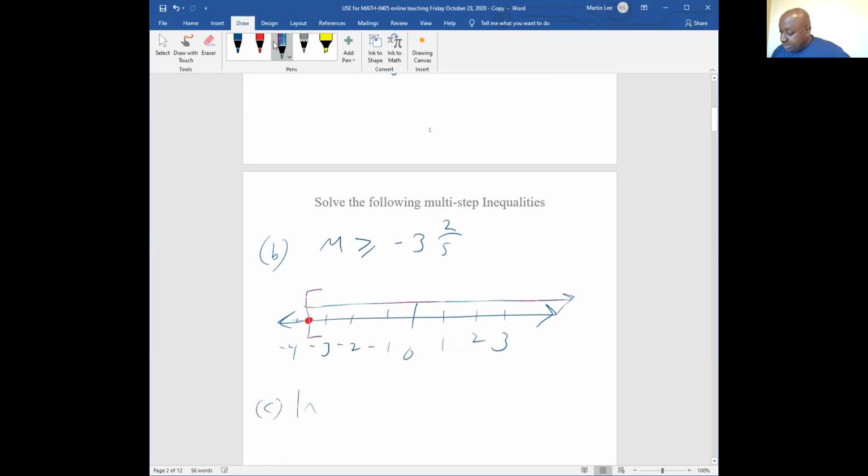And then for interval notation, this is going to be square bracket, -3 and 2/5, comma, positive infinity, and then open parenthesis.